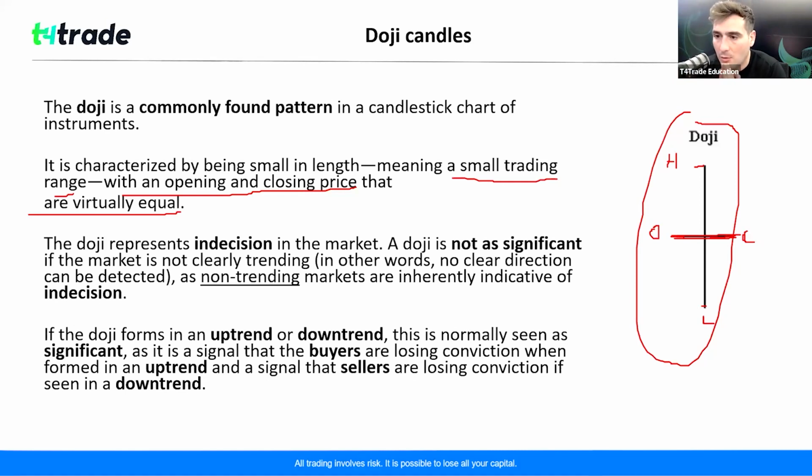No one of the two has won, even though they have gained some ground at the start and then lost that ground by the end of that specific time frame, or at the end of that game, if you would like. So this is how you can memorize what a doji is. It's a game of tug of war between two forces, the Bulls and the Bears, that have ended that specific point in time with no virtual change, or nobody of the two won. And that's why we brand these candles, the doji candles, as candles representing indecision in the market.